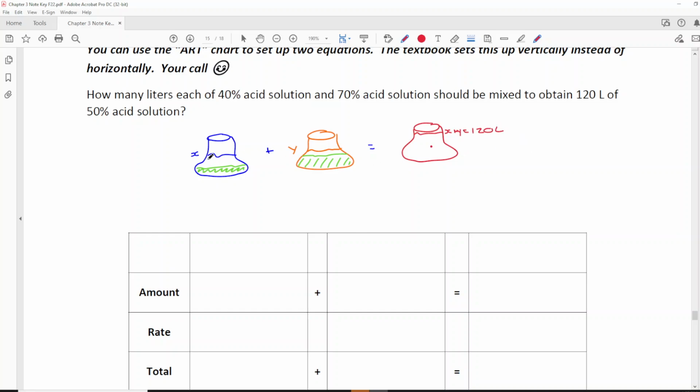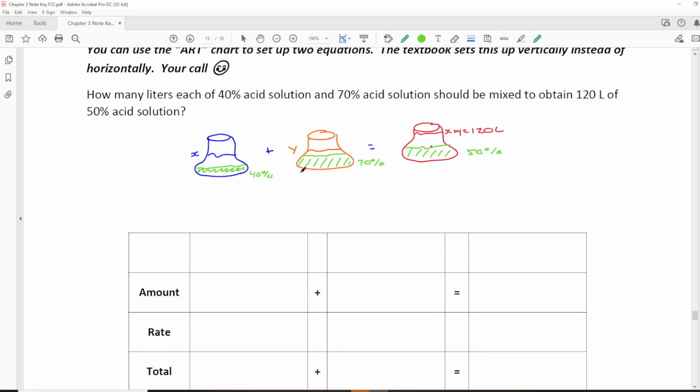So when I mixed X amount of solution A and Y amount of solution B, they made a whole solution that was 120 liters. Then we also know that 50% of this solution is acid. So this one is 50% acid, this one was 70% acid, and this one is 40% acid.